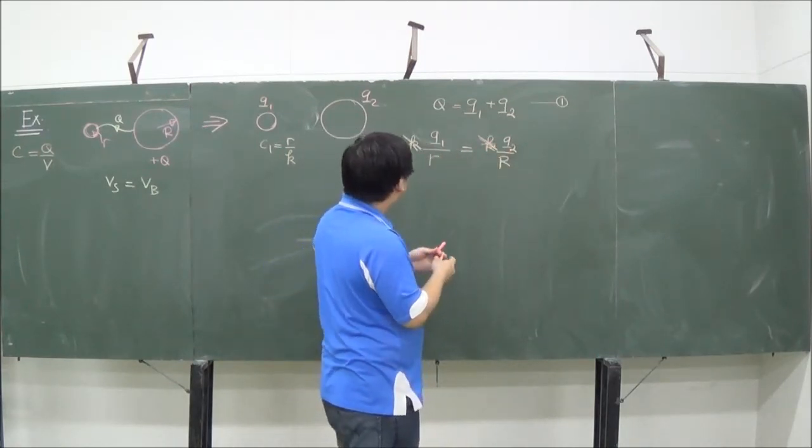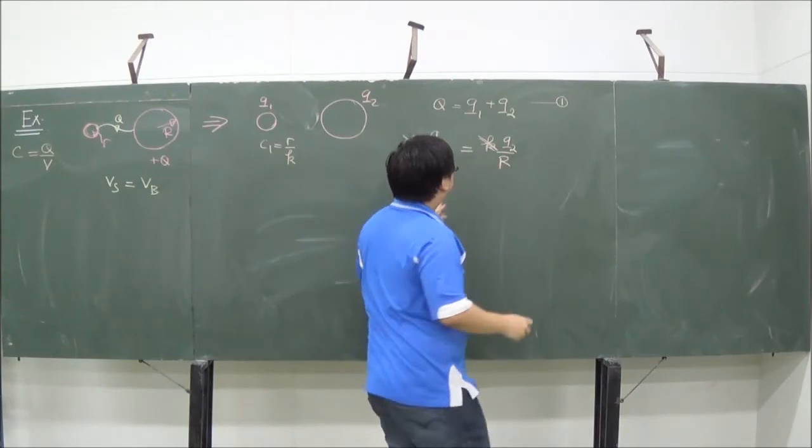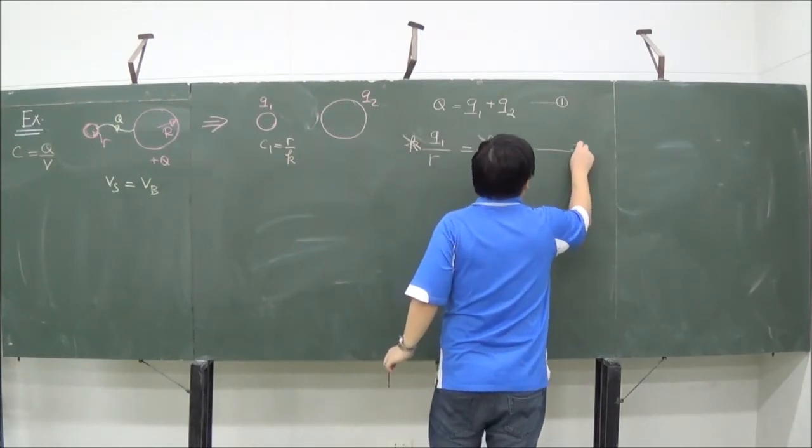So I've got Q1 over small r equal to Q2 over big R, and this is equation 2.